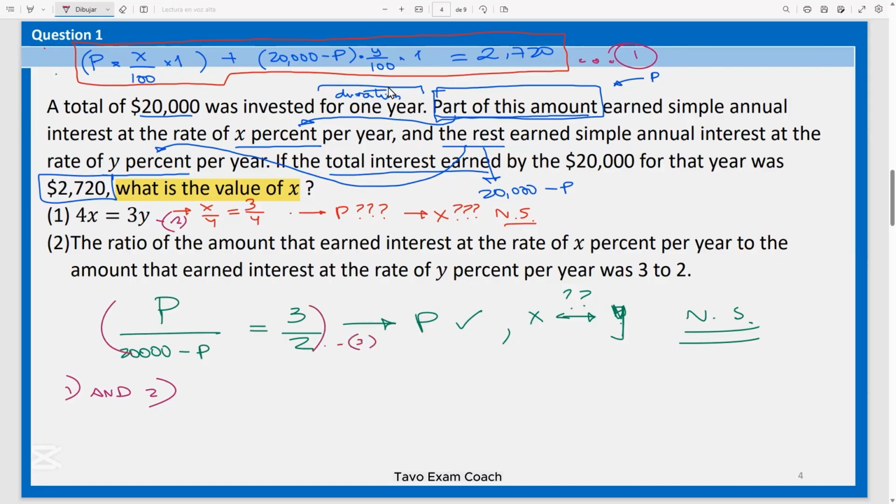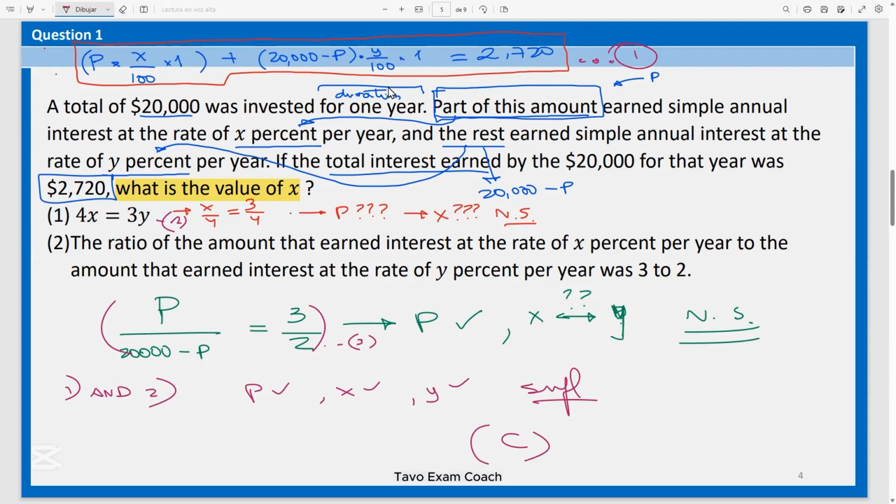Three different equations, three different variables. I can solve each of the variables in a unique manner. So you can find P, you can find X, you can find Y in a unique way. Sufficient, and the correct answer would be option C. Both statements together are sufficient, but neither statement alone is sufficient.